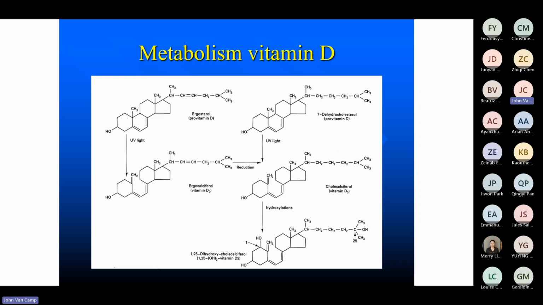And then it goes to the kidneys, and in the kidneys you have a hydroxylation at position number 1. So the final product you get is 1,25-dihydroxycholecalciferol. A very complex name, but this is the real activated compound.